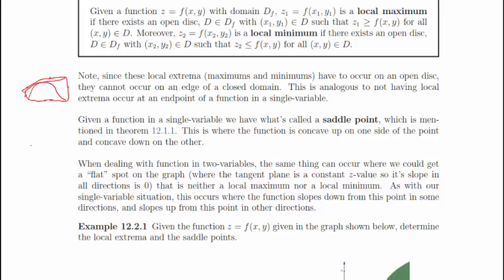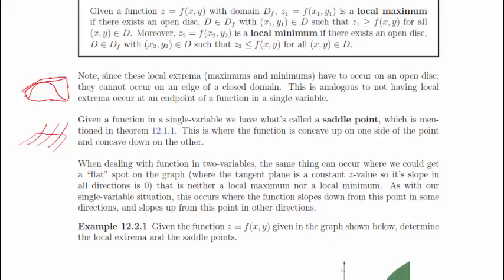If I am on, say, a hill like this, I don't want to be able to just say this point right here is giving me a local maximum. We would be able to do that if I could just close a disk around just this section, but that's not what we want to have happen.